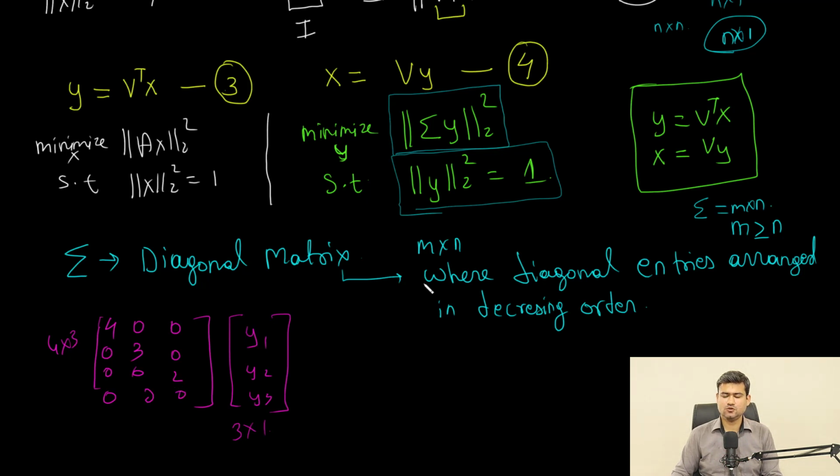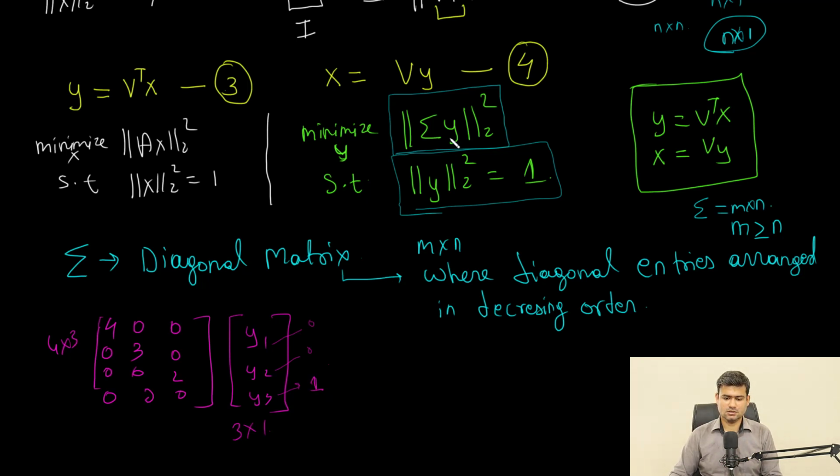So, we can see that to minimize this objective function subject to the constraint that norm of y is equal to 1, given that the diagonal entries are in decreasing order, the solution would be that all the components of y are 0 and the last component is equal to 1.